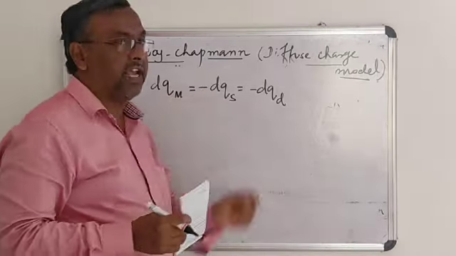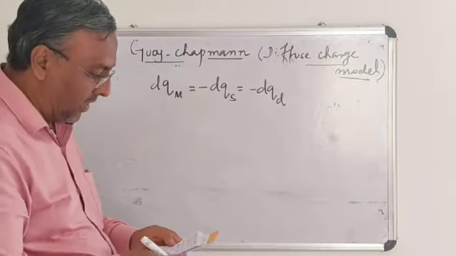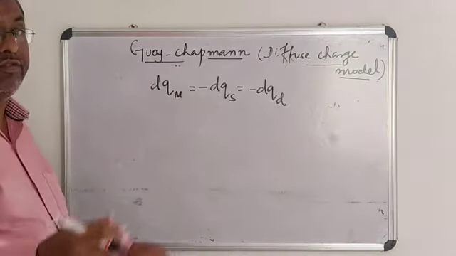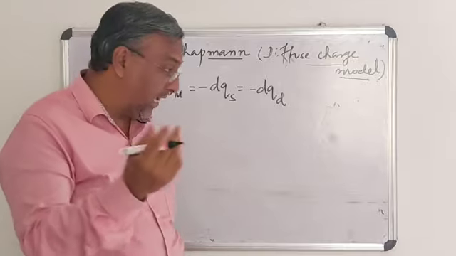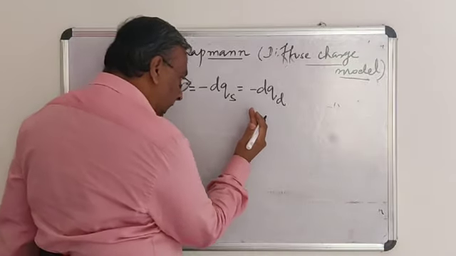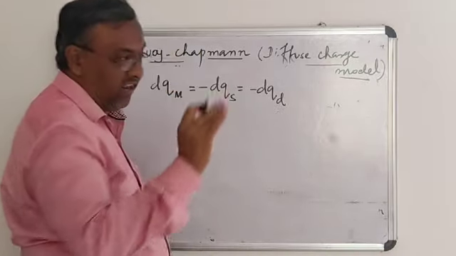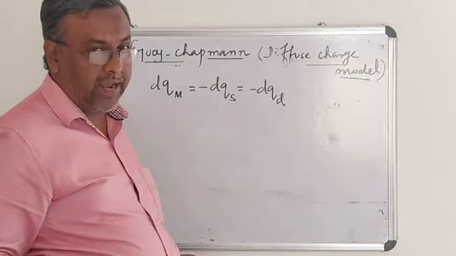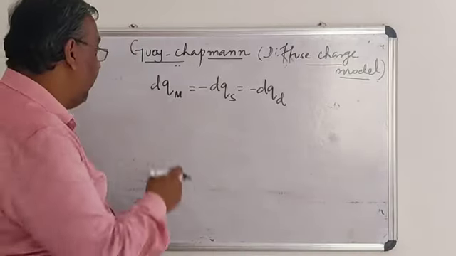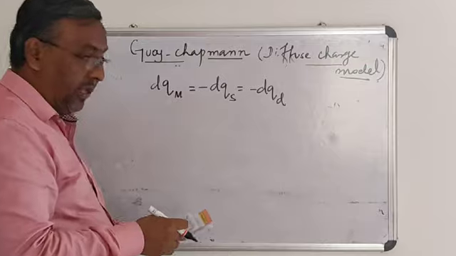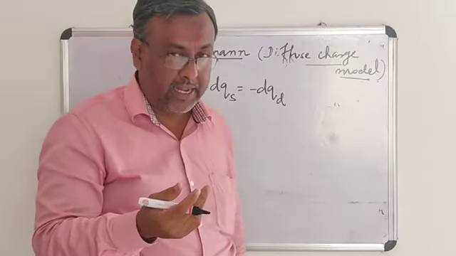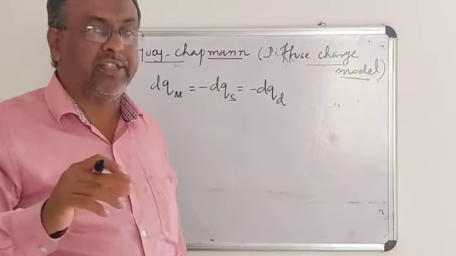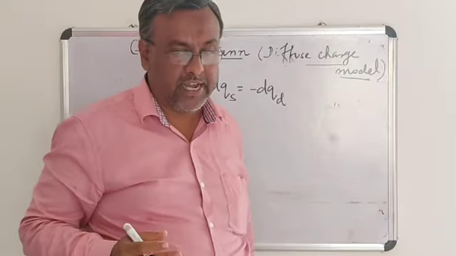That will be same in the case of the diffused layer. So therefore, now we have to find out the differential capacity between the electrode and electrolyte interface. Gouy-Chapman calculated this by differentiating the charge density over the metal by varying the potential at constant temperature.